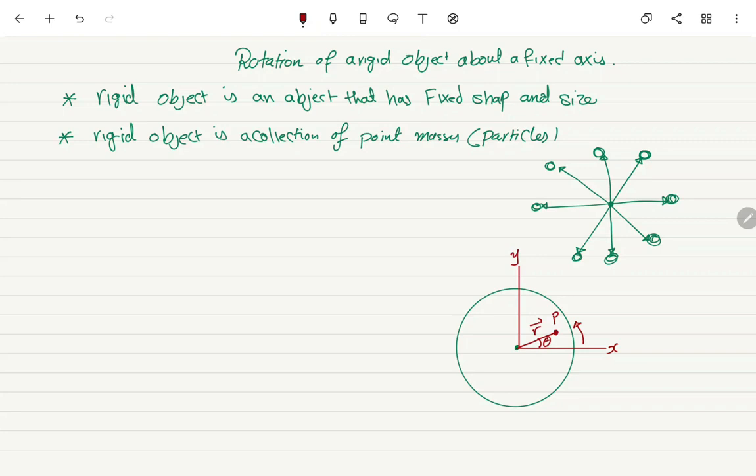And theta in this case is positive. So theta is positive if it's measured counterclockwise, and theta is negative if it's measured clockwise.